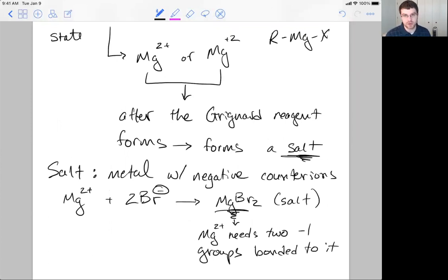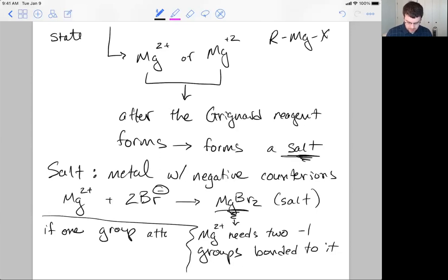So if it's going to be neutralized, it's going to have 2 -1 charged things attached to it to neutralize its charge. Well, what if one of those things is carbon? If one group attached to Mg 2+ is carbon, the carbon is anionic.